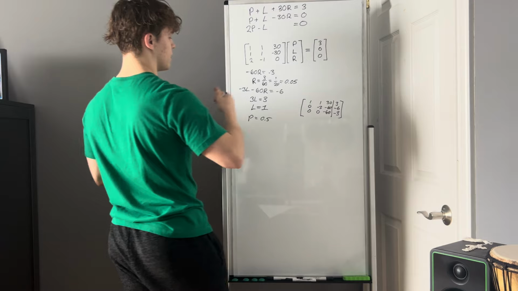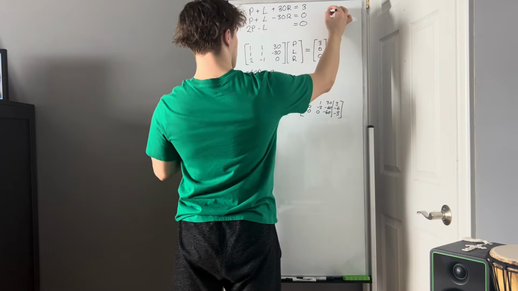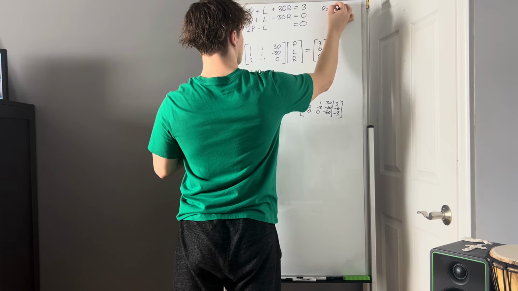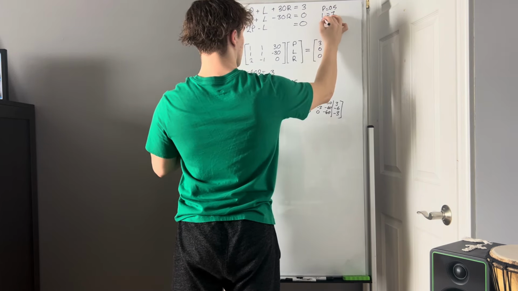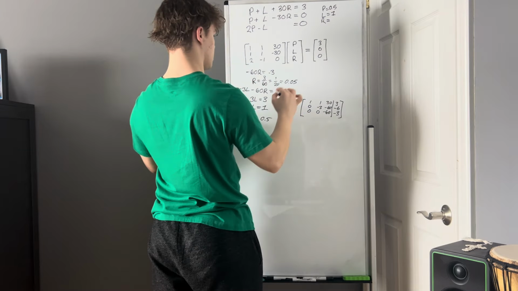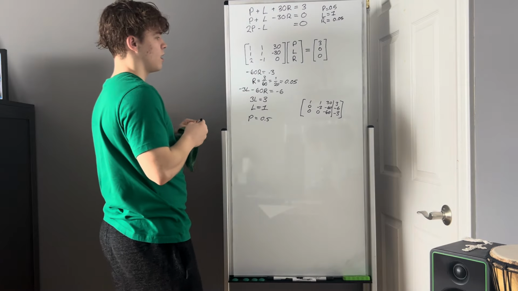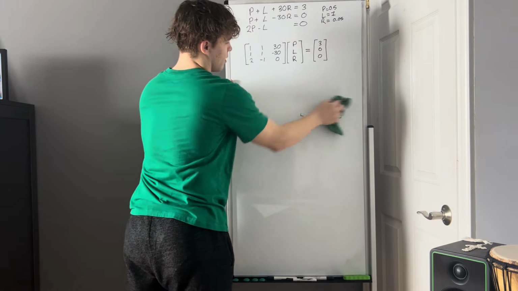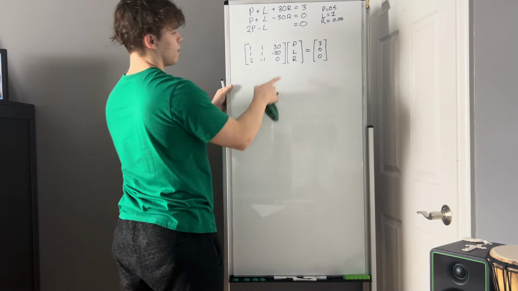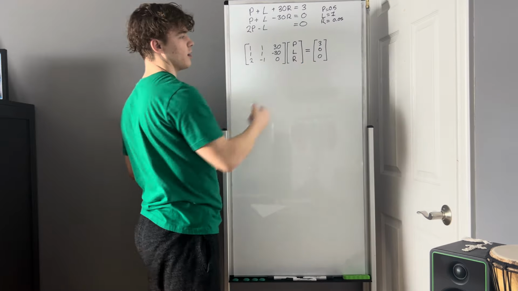So let's write our solutions here. P equals 0.5, L equals 1, and R equals 0.05. And let's take a look at what we have right here. Well, we have this equality.